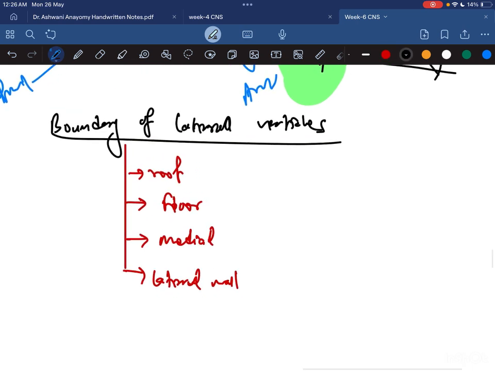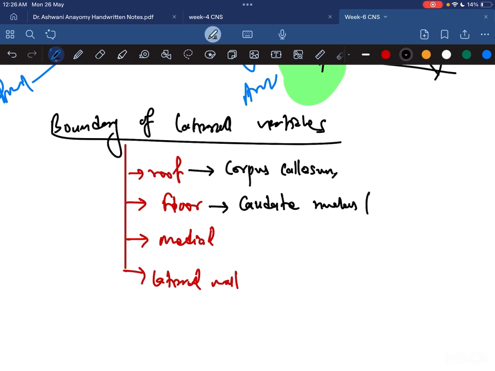For the body of the lateral ventricle, for the roof there is corpus callosum forming the roof. It is a type of white matter, and in the floor there is the caudate nucleus, the head part. When we look at the medial wall, there is the septum pellucidum.